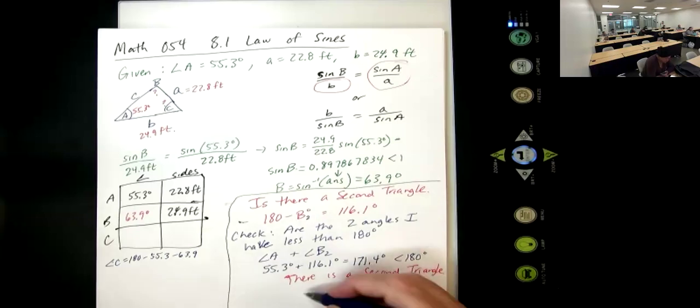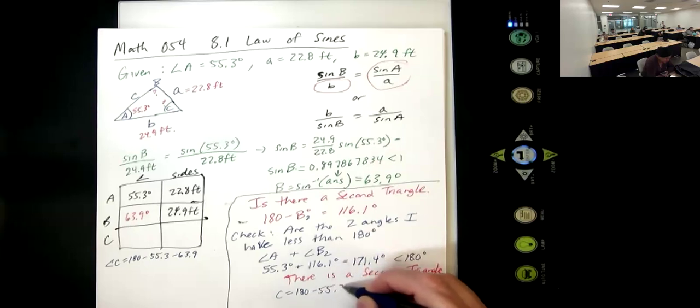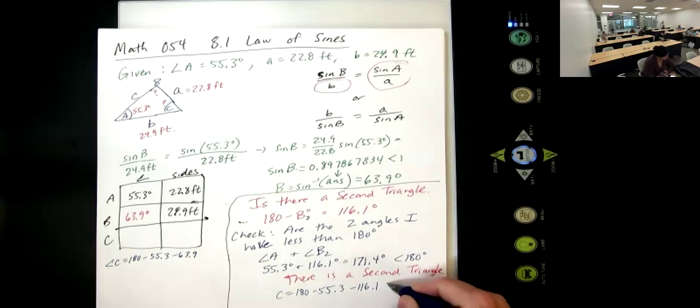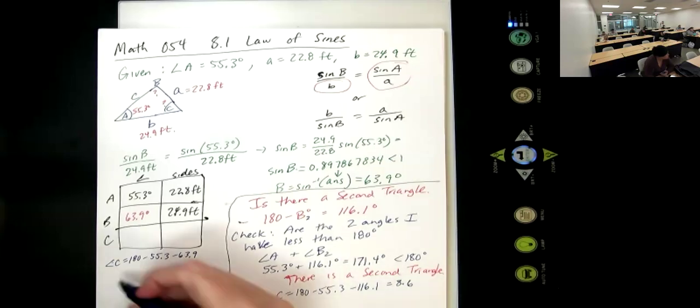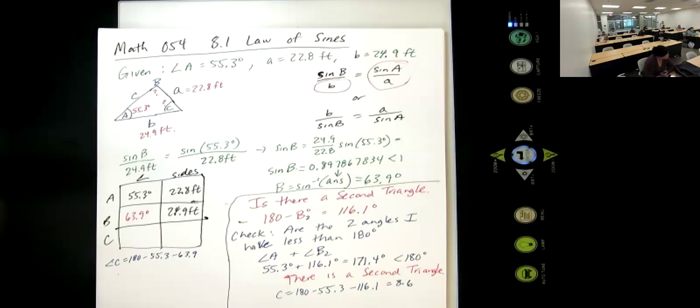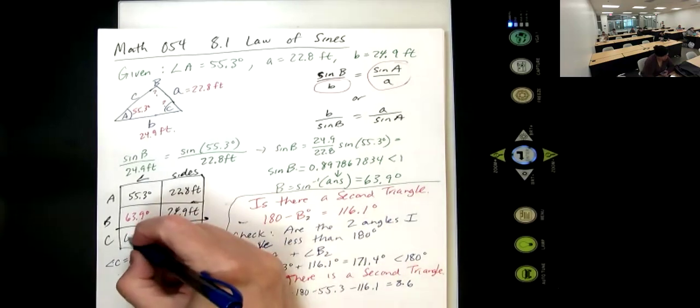I'm going to do that on this one too: 180 minus 55.3 minus 116.1. This one I have relatively quickly is 60.8, and this one over here is 8.6.